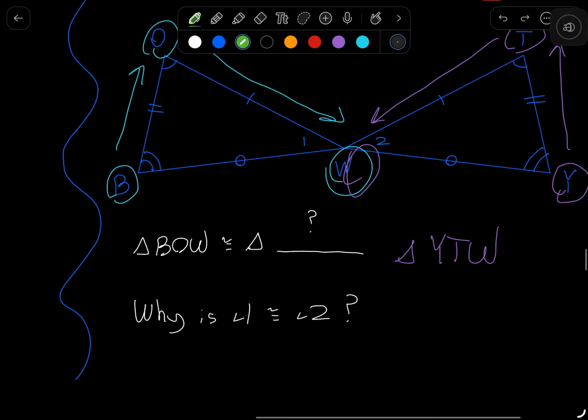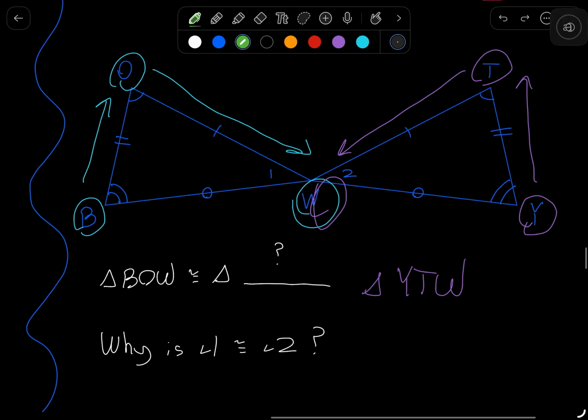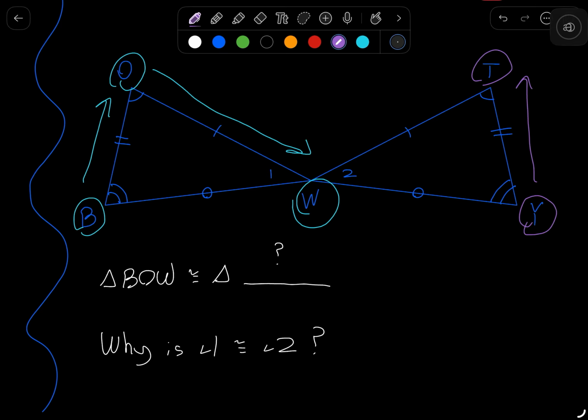Lastly, why is angle 1 congruent to angle 2? Well, here, you'll actually realize it. And this might not be that easy to follow, but you know that this angle and this angle are equal. You know that this angle and this angle are equal. I'm going to clear some of the marks I made.